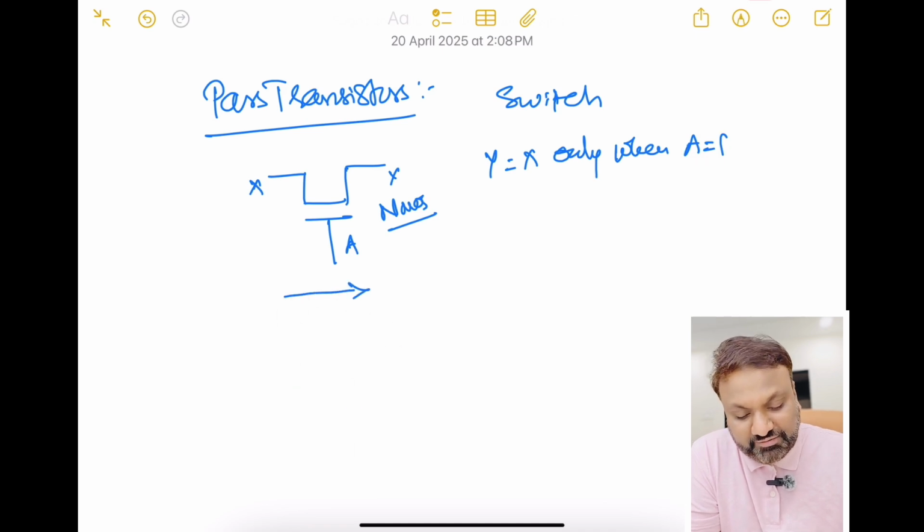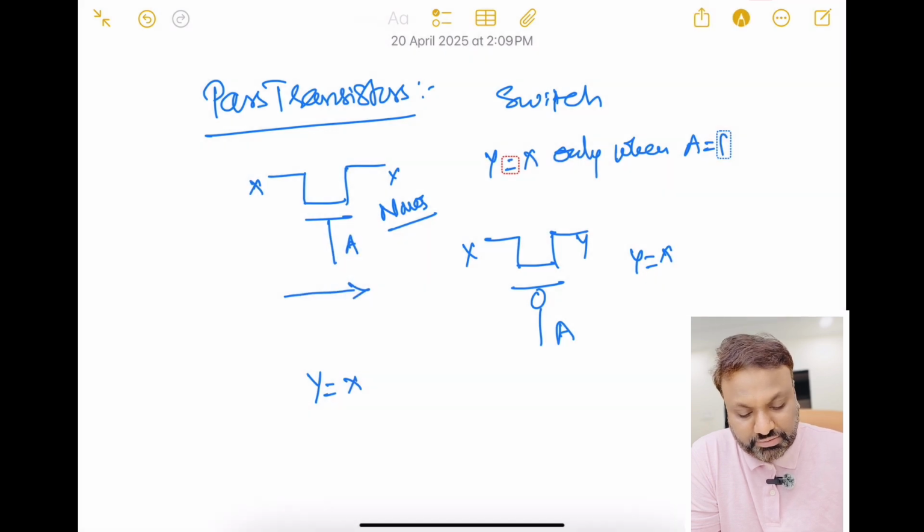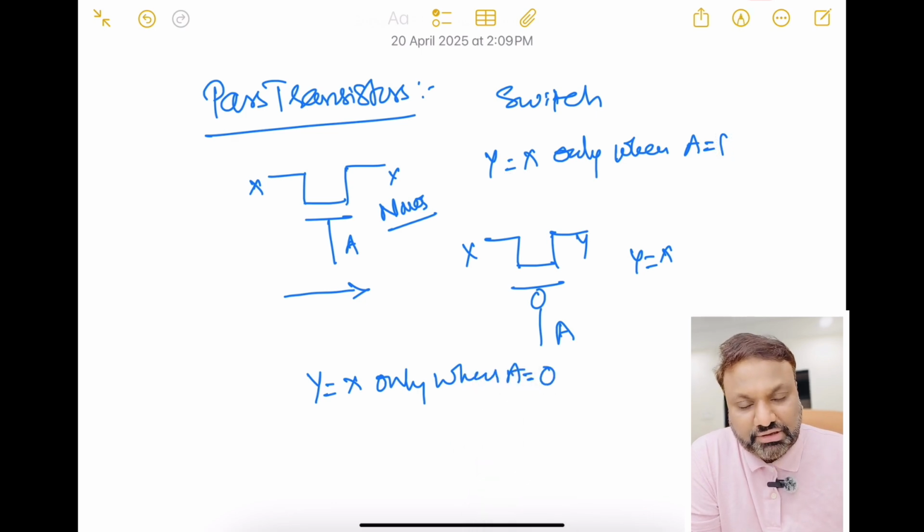Similarly, if I have a PMOS, with the same A, X and Y, Y will be equal to X only when A is equal to 0, because when the input is 0 my PMOS will be on, right.